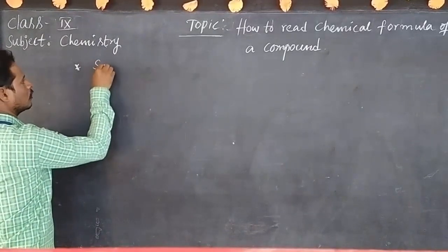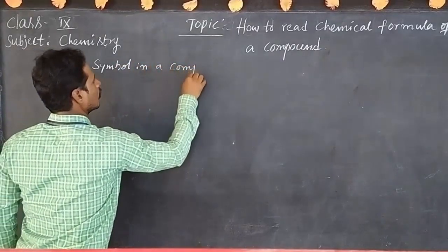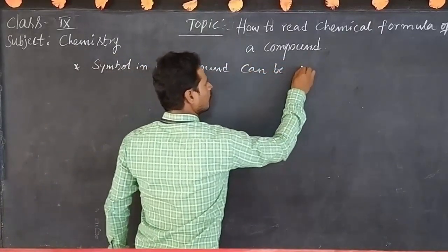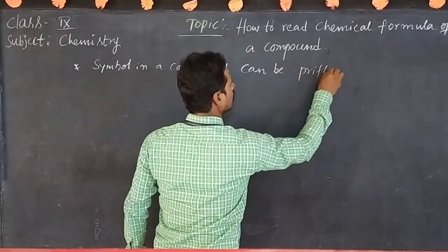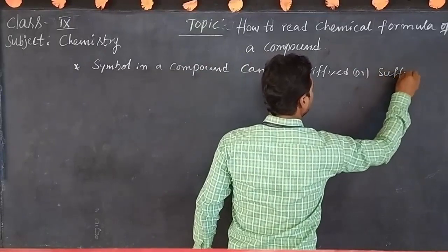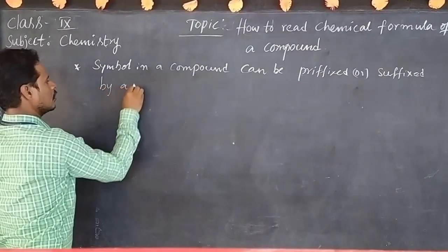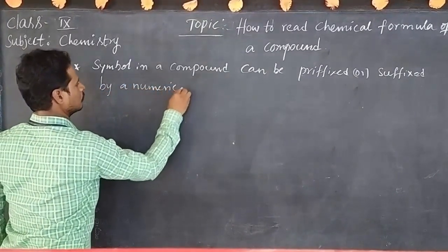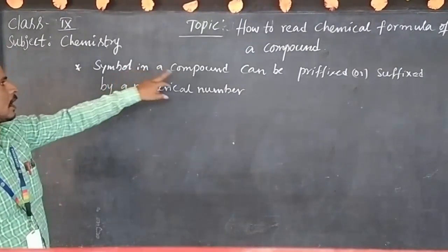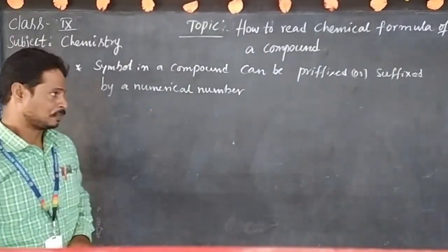A symbol in a compound can be prefixed or suffixed by a numerical number.